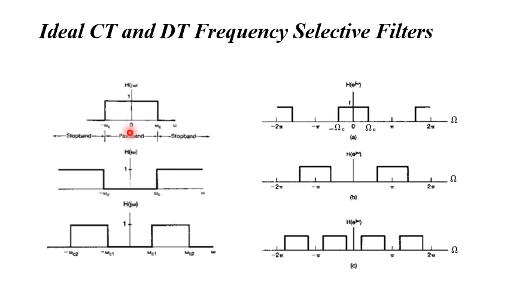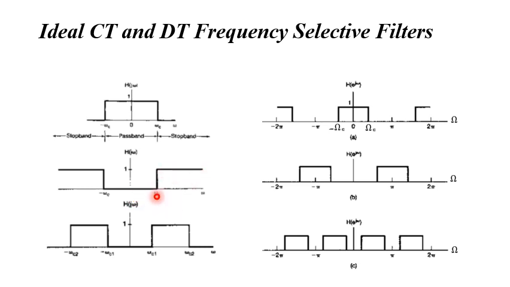We can say a low pass filter has one pass band and two stop bands. Omega c and above is one stop band, and similarly minus omega c and below is another stop band. Whereas from minus omega c up to omega c is the pass band, where the low pass filter will pass the signals. Similarly, for a high pass filter we have one stop band and one pass band.